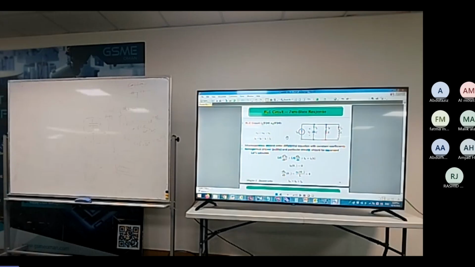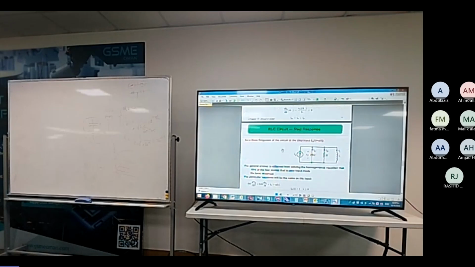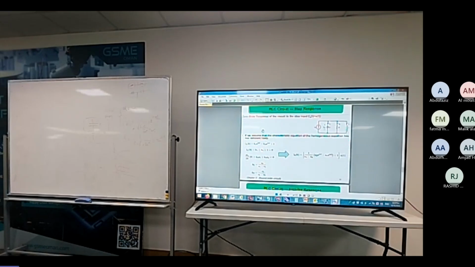Again, if you write the equation, you will see it's exactly like before. If we solve again, we will have three different situations depending on damping factor and oscillation frequency. Do damping factor and oscillation frequency depend on input signal?